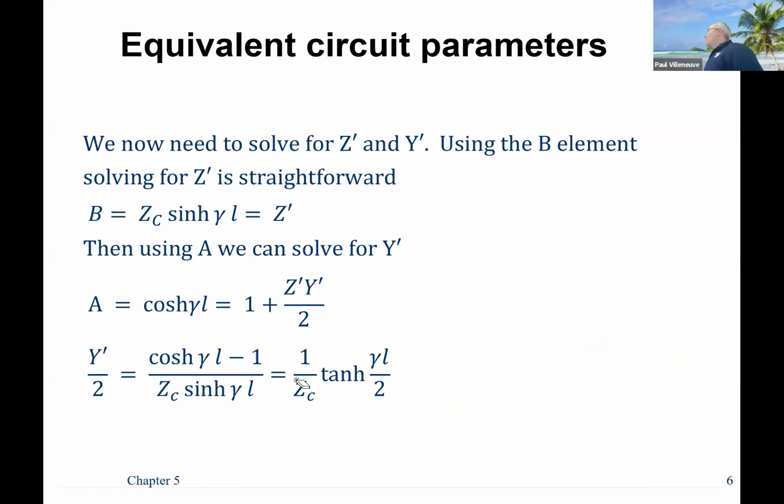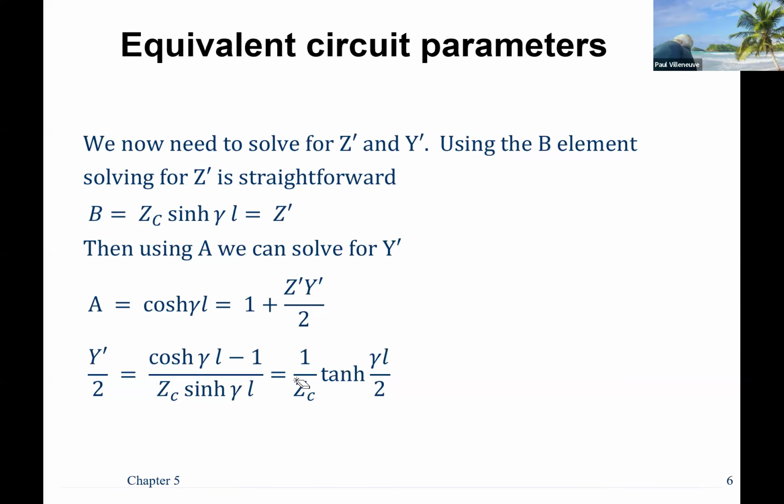Okay, so we're close, right? We've got A, B, C, and D defined as a bunch of parameters that are Y and Z primes. We also looked at our T equivalent, and now we can relate the two. So we'll look at A, and we see that the hyperbolic cosine of gamma L is going to be equal to 1 plus Z prime Y prime over 2.